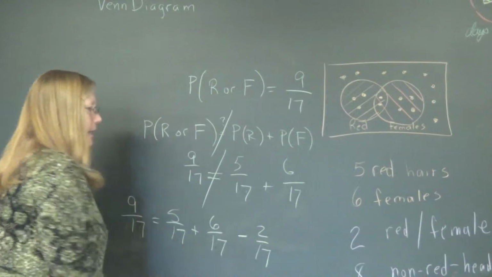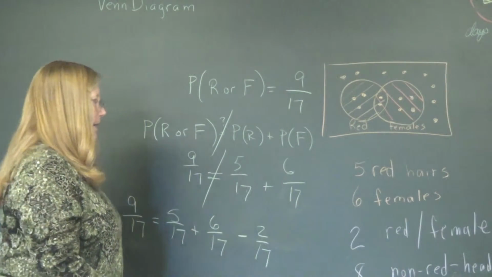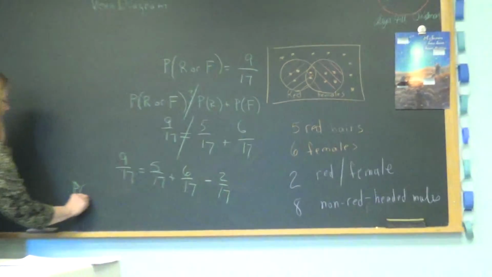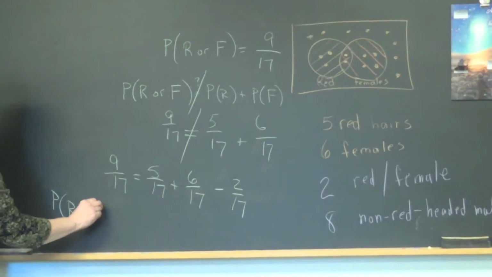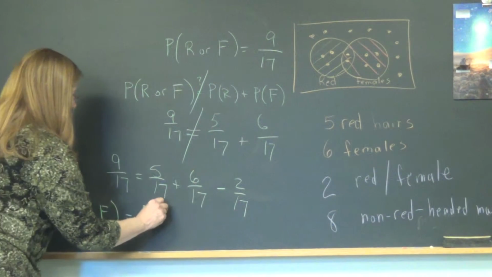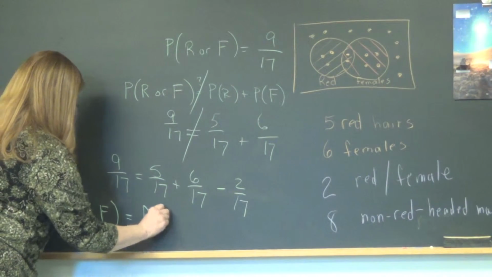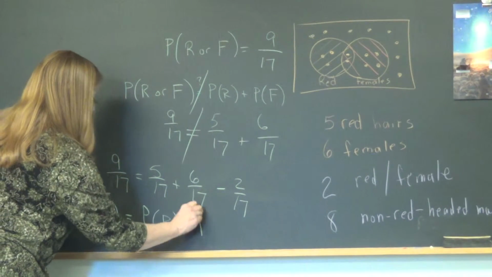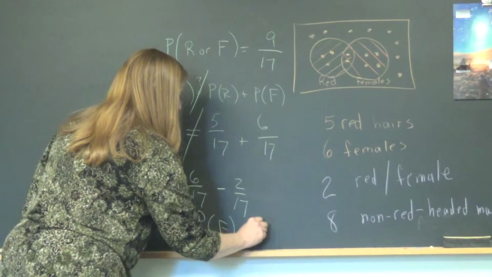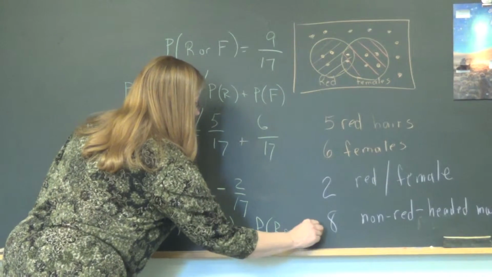But isn't it interesting, a 2 does show up in one of our categories. So the probability of red or female equals the probability of red plus the probability of female minus the probability of red and female.